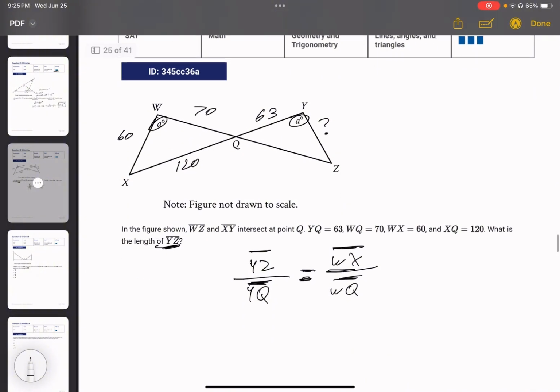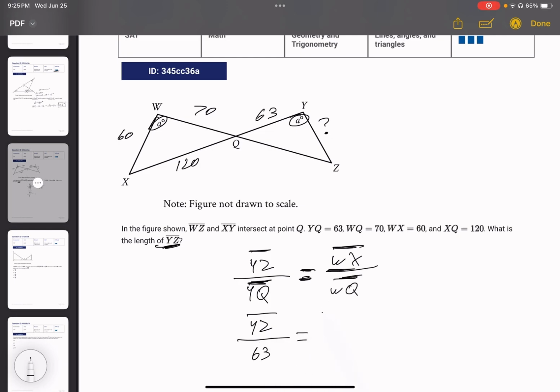Now we just plug in here, and we don't know YZ, so we're going to just keep it as YZ over YQ, which is 63, is equal to WX, 60, over WQ, which is 70. Now we simplify this and we get YZ is equal to, put it in your calculator, 60 over 70 times 63.